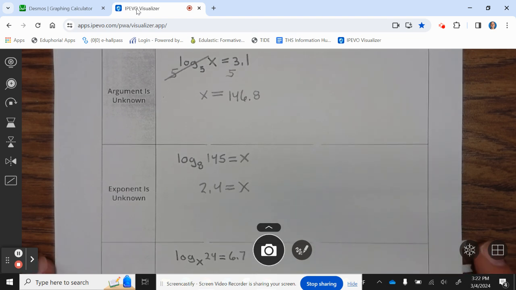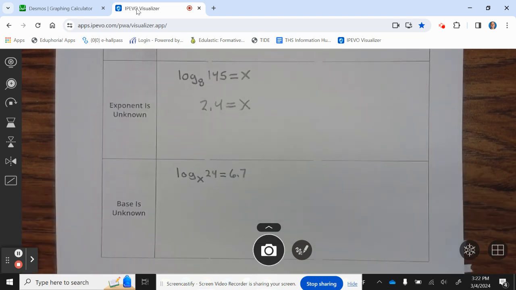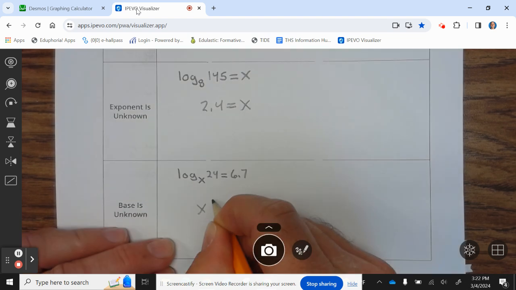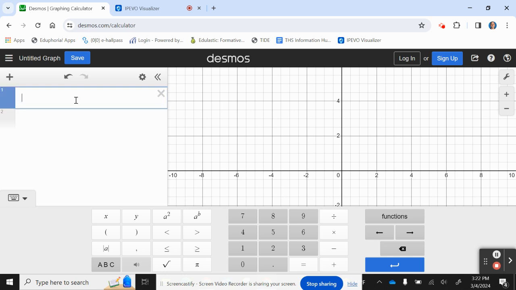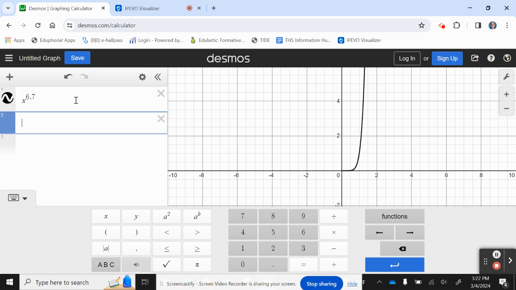All right, let's take a look at the last one on this page. Here we're going to convert log to exponential. So we're going to rewrite this as x to the 6.7 equals 24. Okay, so we're going to graph the left side and the right side. So x to the 6.7 and y equals 24.